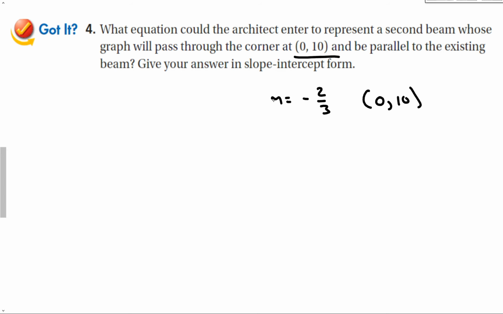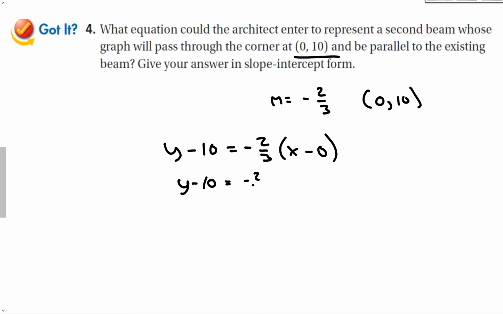So I have a point and I have a slope, so I use point-slope form. y minus y1 is equal to negative 2/3 times x minus 0. Well, this one's a lot easier. I need to write the 0, and then just add 10 to both sides. So y is equal to negative 2 over 3 x plus 10.